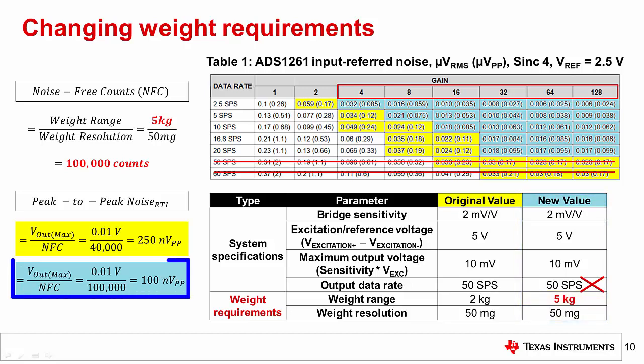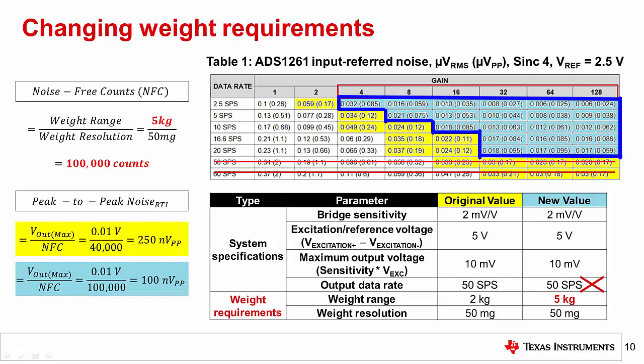Using the same equation for peak-to-peak noise, you can determine that your system noise requirement is now 100 nanovolts peak-to-peak. This lower noise requirement corresponds to the data rate and gain combinations highlighted in blue in Table 1. As a result of these more stringent weight requirements, you now have fewer options available despite using the same ADC.